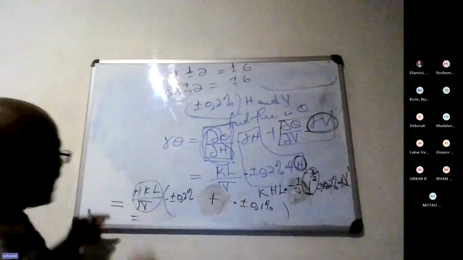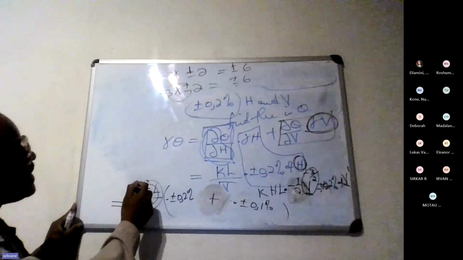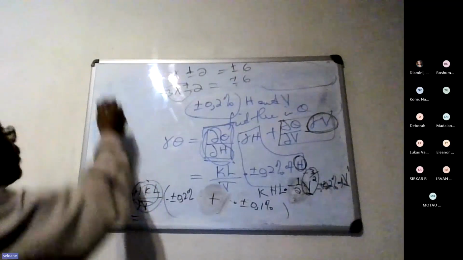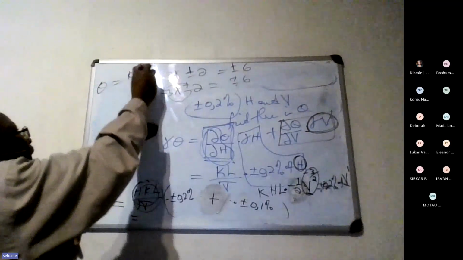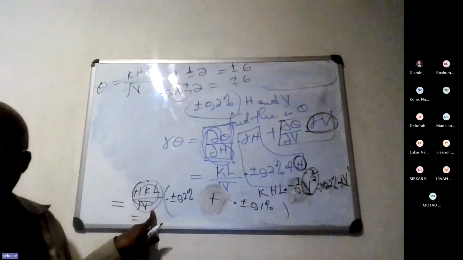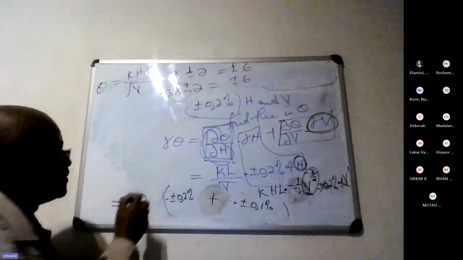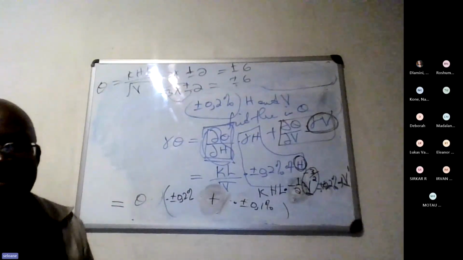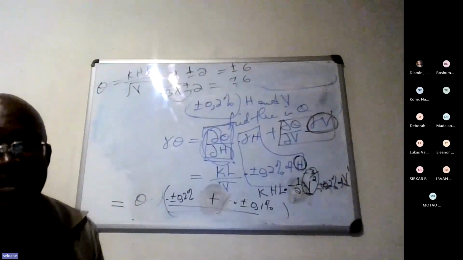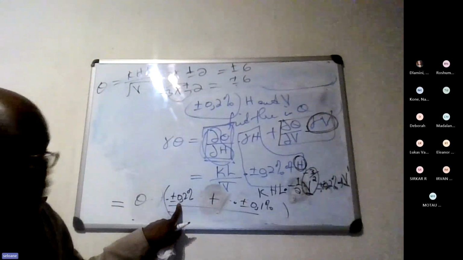Now from there, you can see that this KHL over the square root of V is our theta, because our theta was given as KHL over the square root of V. Therefore, we can replace it by theta. And when you add these two, they give you plus or minus 0.1 percentage plus or minus 0.2 percentage.